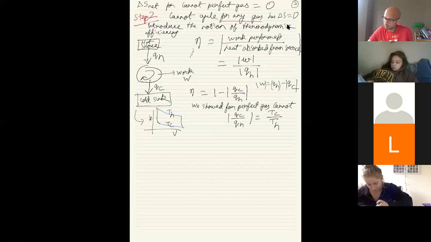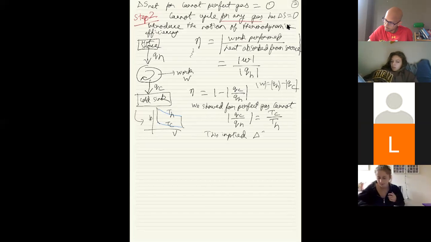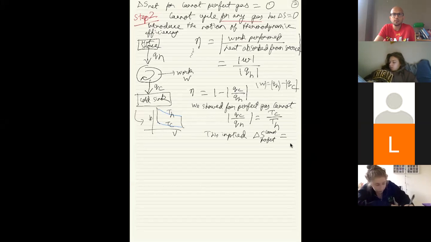And this in turn implied that delta S Carnot perfect, I'm just using Carnot and perfect in superscript and subscript, is equal to 0.